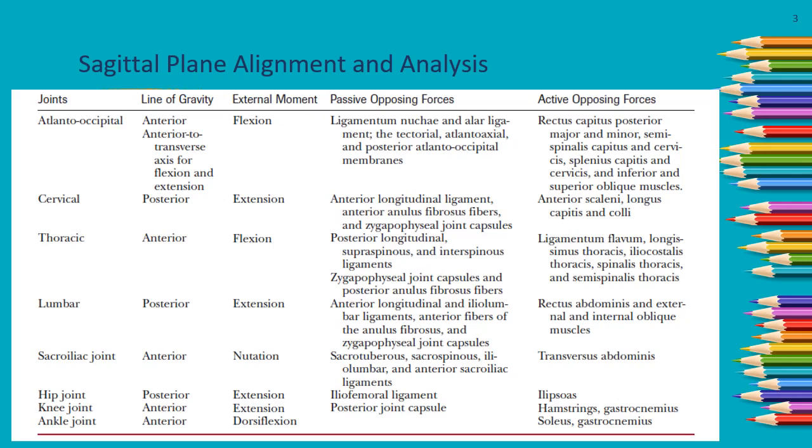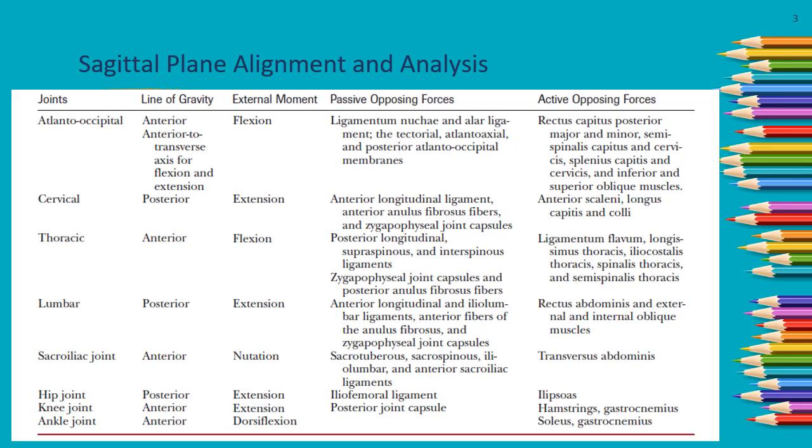As we have seen in the earlier video, whenever the line of gravity passes anterior to the joint, the proximal segment will rotate anteriorly. And if the line of gravity passes posteriorly, the proximal segment will rotate posteriorly. So based on that, the moment will develop. As the line of gravity is passing anterior to the atlanto-occipital joint, the external moment developed is a flexion moment.